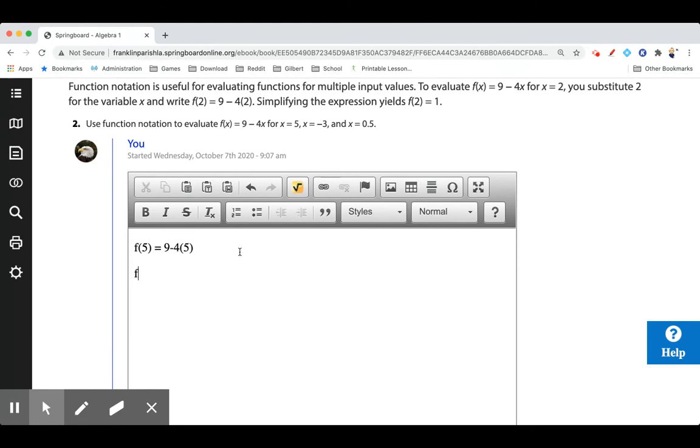We'll need to do f of negative 3, and that would mean it's 9 minus 4 times negative 3. And then we'll do f of 0.5, which equals 9 minus 4 times 0.5.